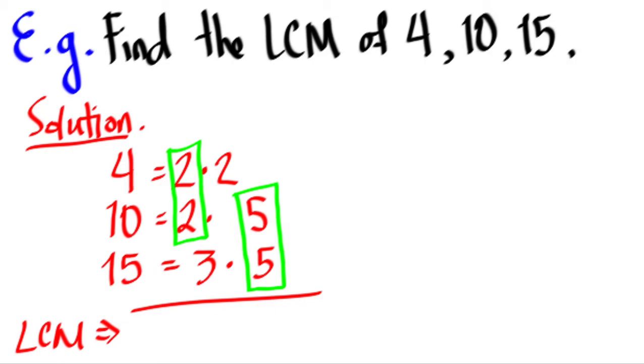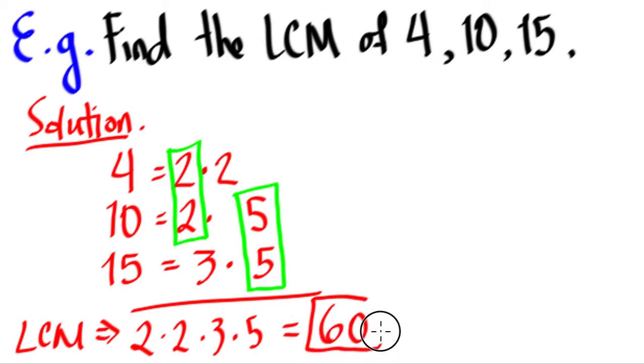We multiply all the numbers, taking the common numbers once: the common 2, the second 2, the 3, and the 5. So 2 times 2 is 4, 4 times 3 is 12, 12 times 5 is 60, and this is the LCM of 4, 10, and 15.